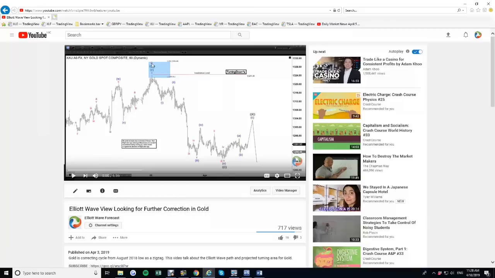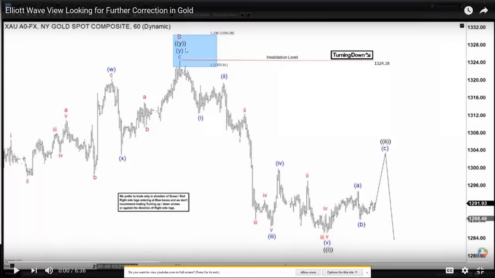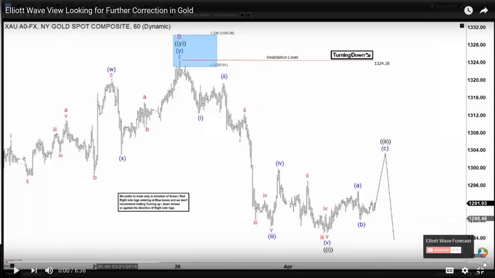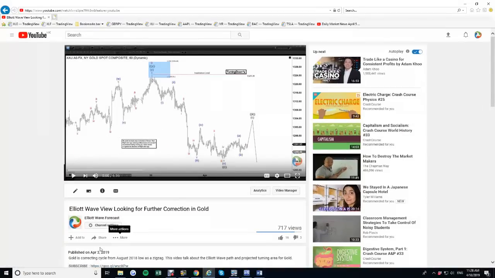This is the wave P here, and then we got a wave 1 of 5 waves down, looking for a wave 2 correction to hold below 1324 and then extend lower again. And we also explained the target on the downside and everything in this video earlier this month.